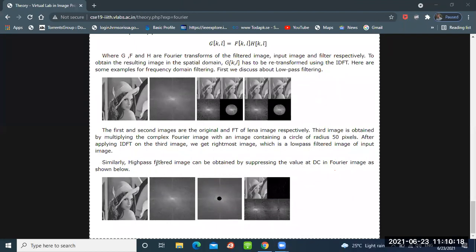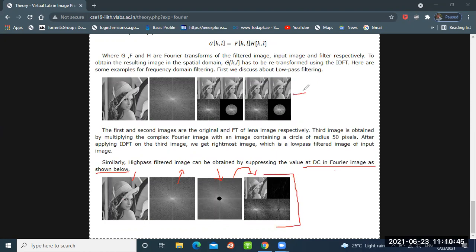Fine. Now similarly, you can perform the second example. For the high pass filter, we can obtain it by subtracting the low pass filter value from one, as given below. Now, this is my original image, and this is my original DFT. While multiplying with the high pass filter, we get an image like this. When you perform an IDFT, this will be your final image.